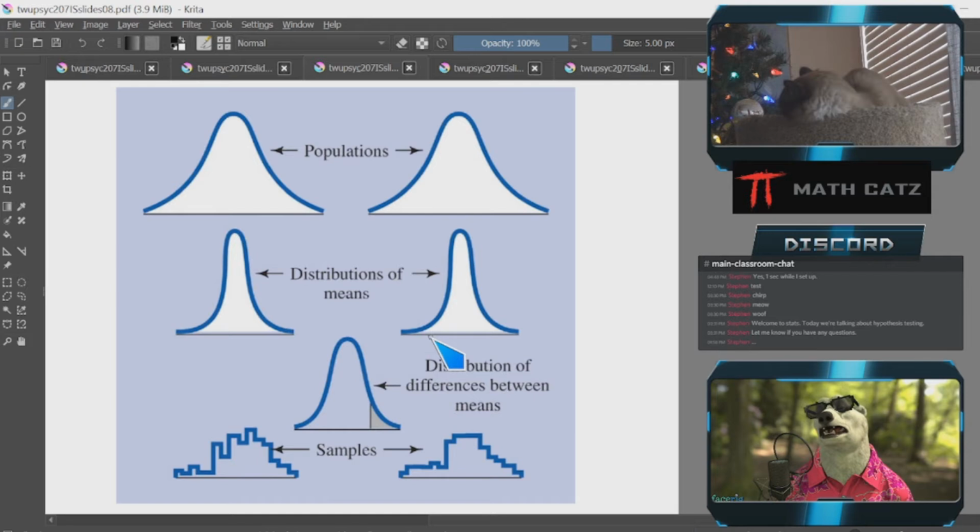Because their sample sizes are different, the distributions of means could be different. And in order to get that as accurately as possible, we pool the variance first and then go back to the groups separately. Then our comparison distribution is the distribution of differences between the means, which is a t-distribution again.